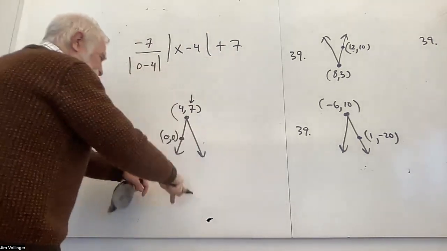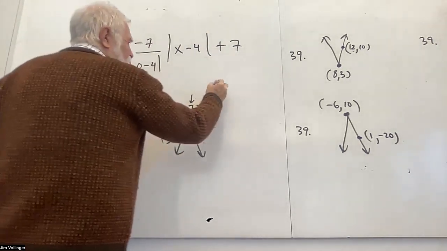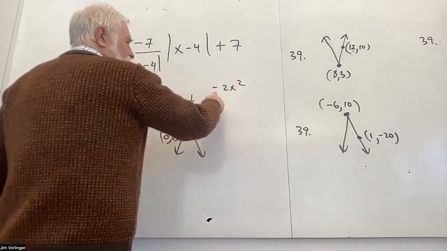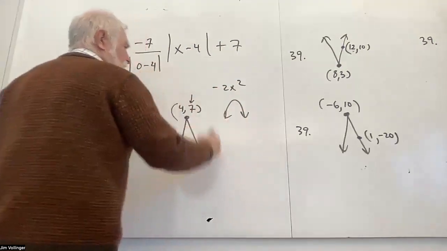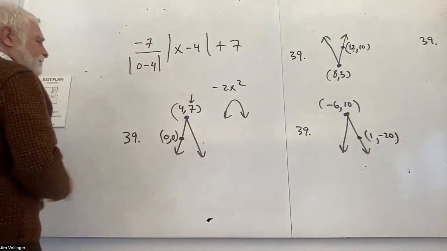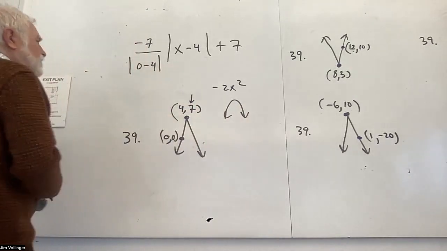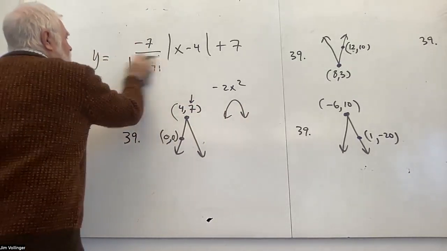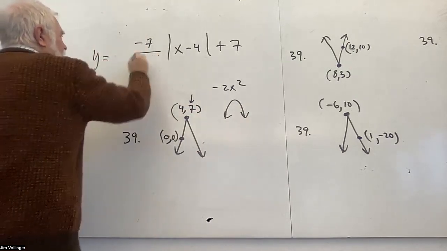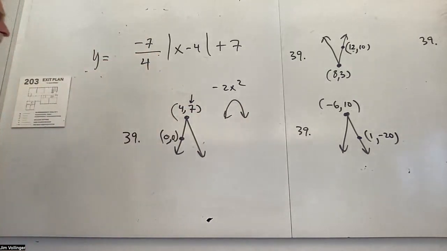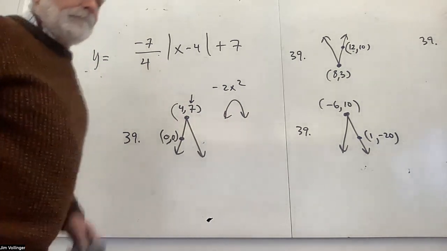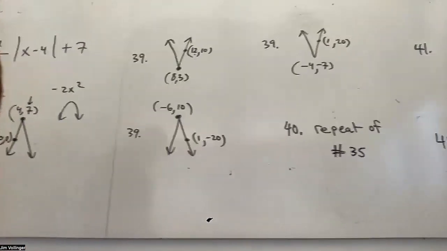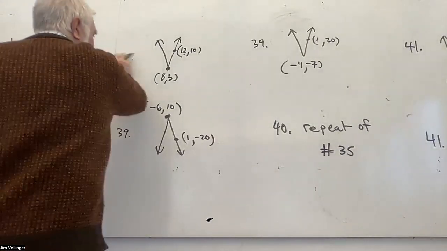That's why this is V-shaped down, the same way a quadratic with a negative is cup-shaped down. But a cup shape is different than a V shape. This has got linear characteristics. So y equals, hopefully you can start to realize that your denominators in these are always positive, and we work from there. All right, another one to practice.